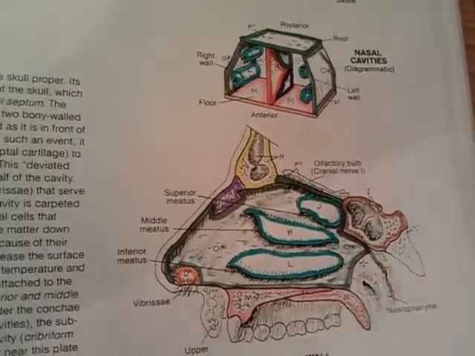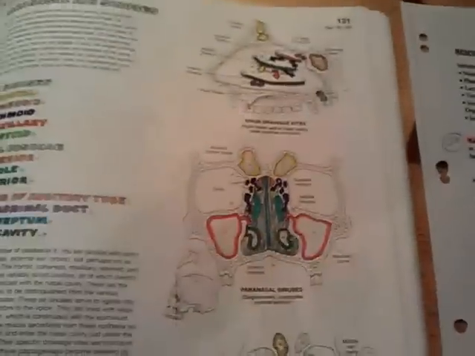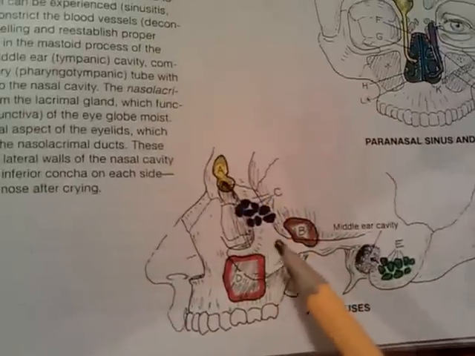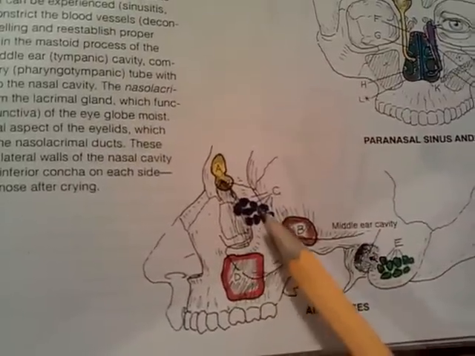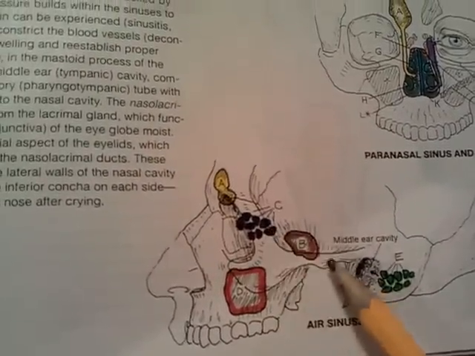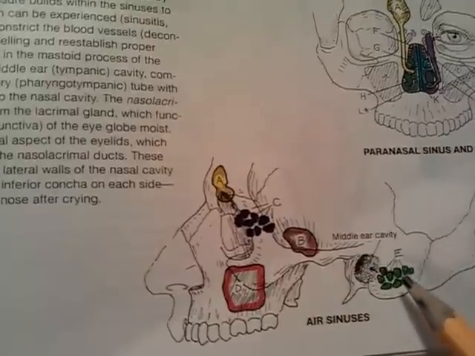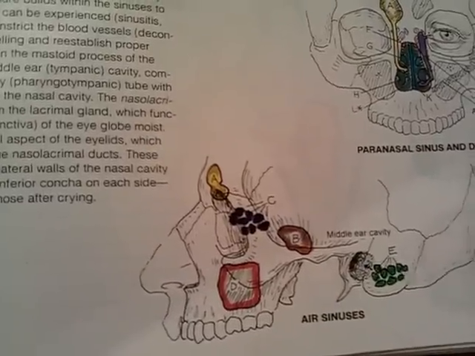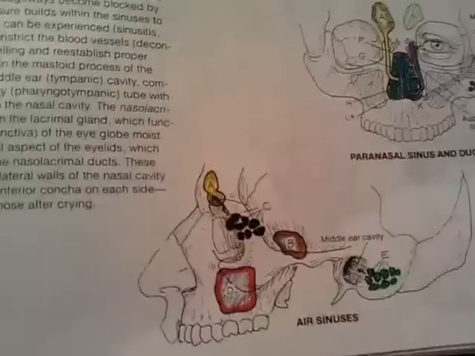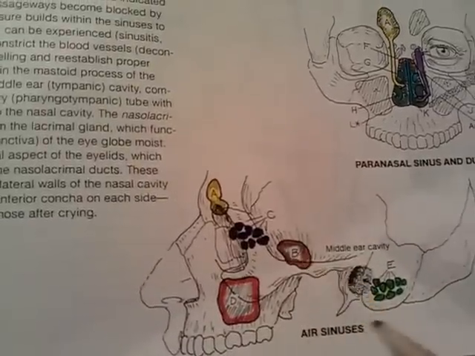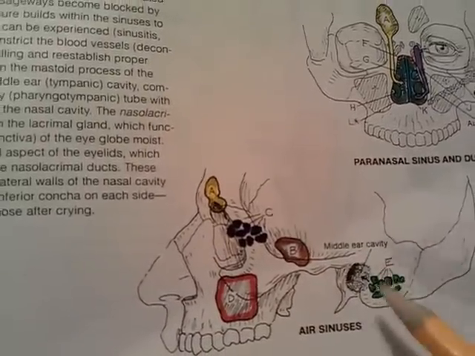Now for the paranasal sinuses. Firstly, you have frontal, maxillary, ethmoid, sphenoid, and mastoid sinuses. This one is not paranasal, so it won't be included in this one.